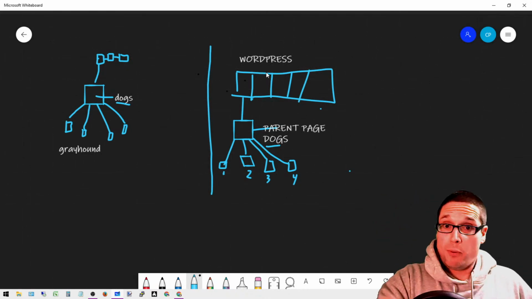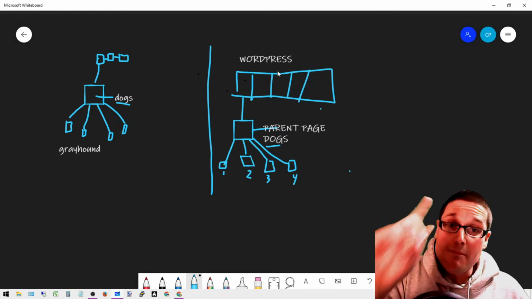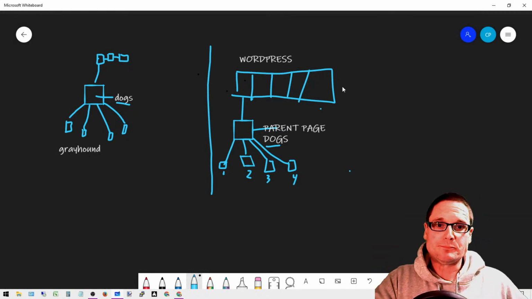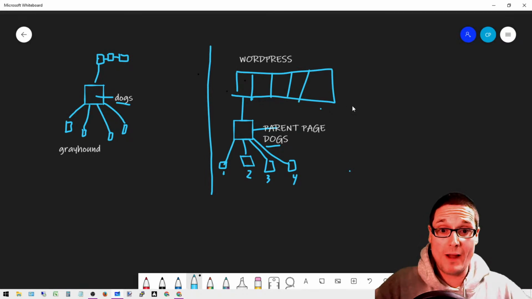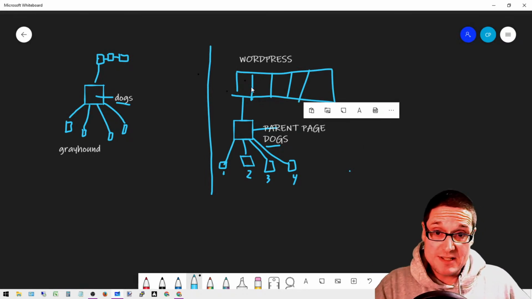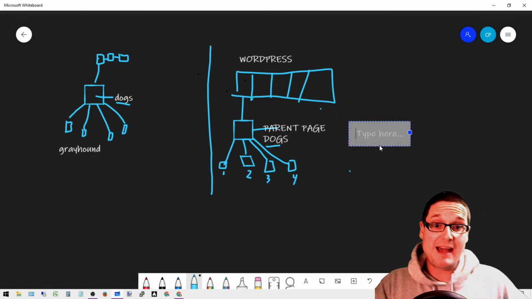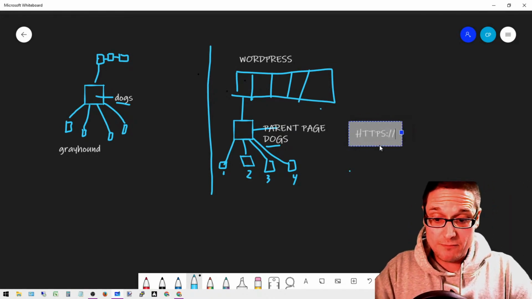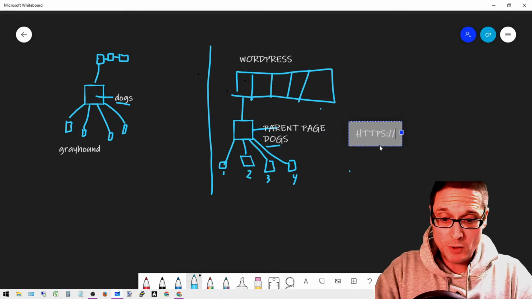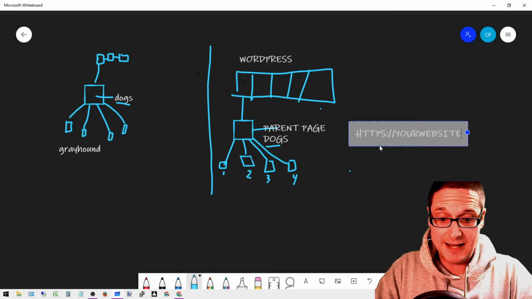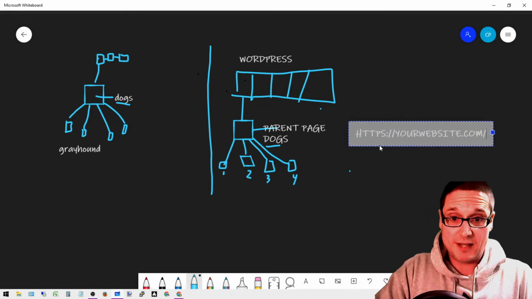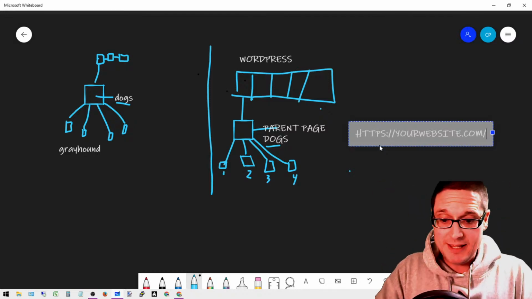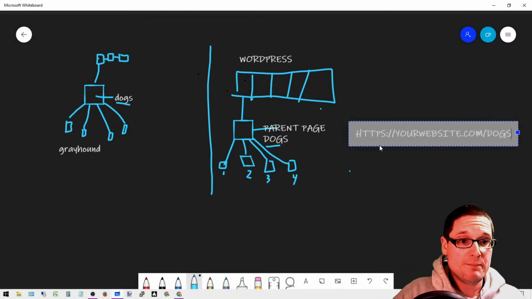Now, on WordPress, for a floating silo to work, it's all about the URL. As you can see here, we have our homepage, and then we have our top level, which is dogs. So this would be https://yourwebsite.com/ with the parent page being dogs.